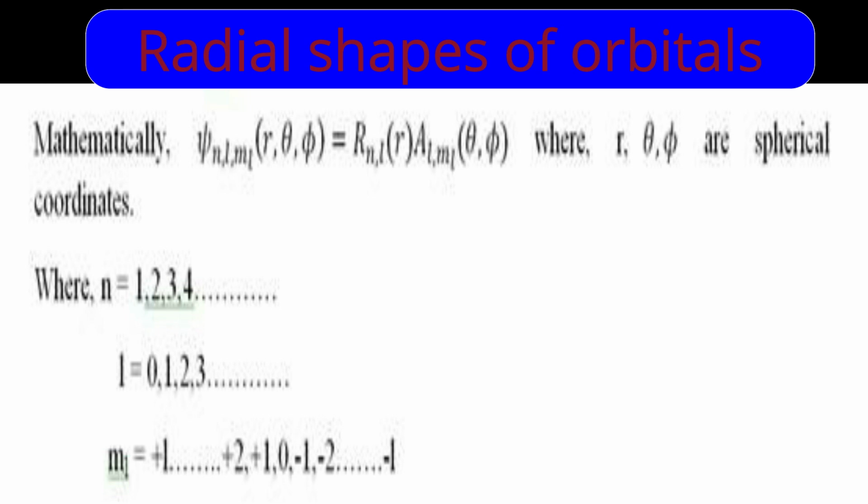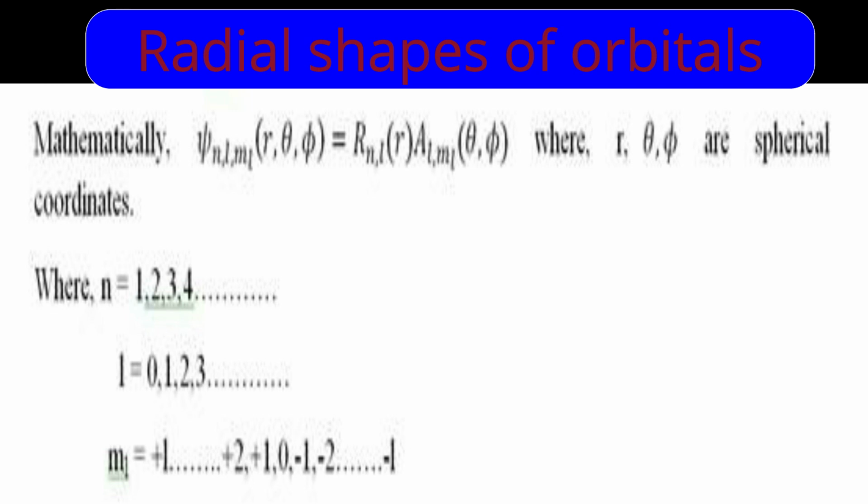For that I am using the letter A, which describes l comma ml with the polar coordinates theta and phi. Here n, the principal quantum number, can take value 1, 2, 3, 4 and so on. L, the azimuthal quantum number, can take a value 0, 1, 2, 3 and so on. The magnetic quantum number can take values from plus l to minus l.